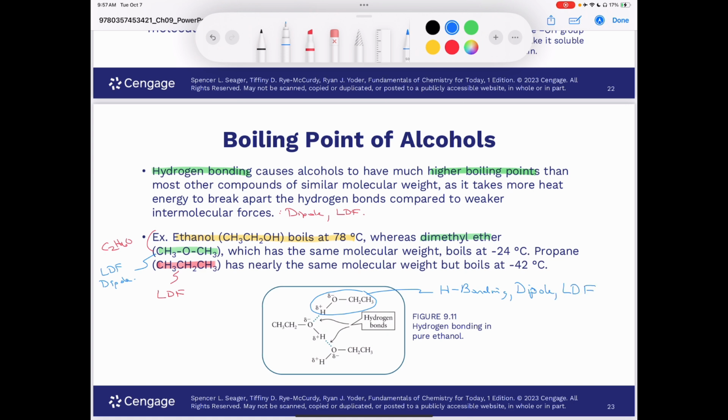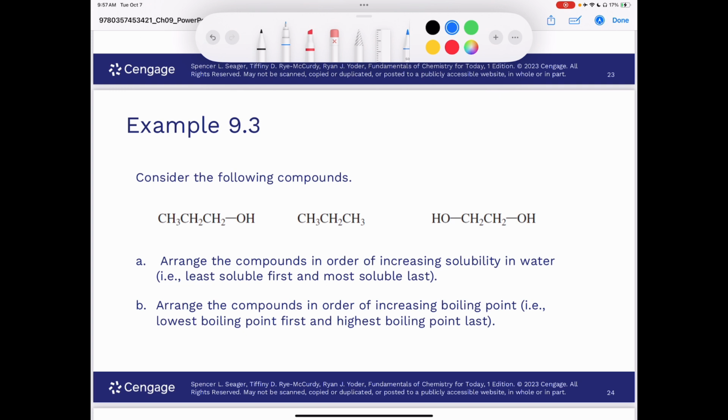It has all three. So consider these compounds, and it says here, arrange these compounds in order of increasing solubility. Well, the first one is 1-propanol.